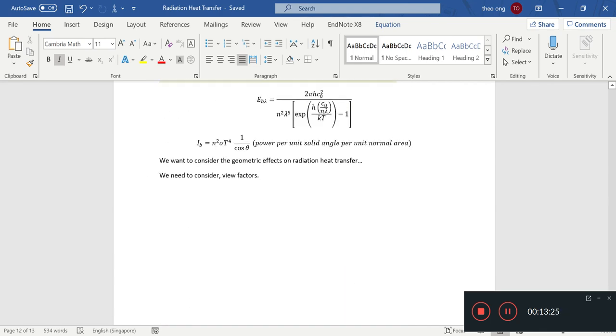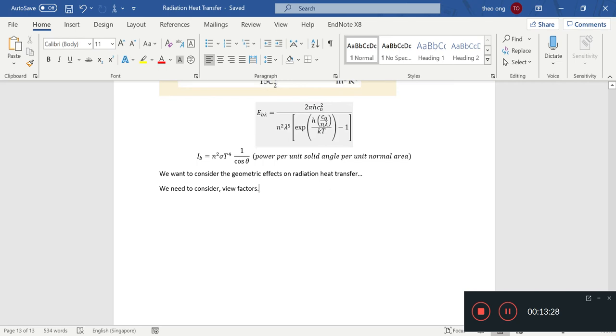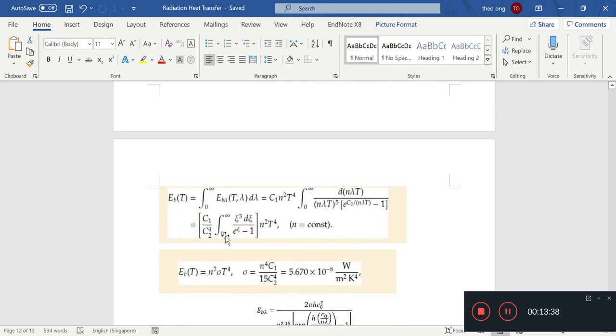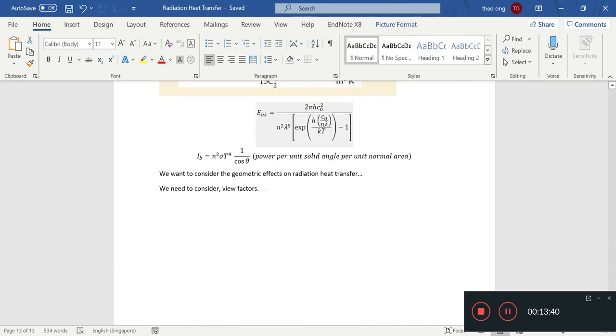If we consider directional dependence, at least the shape of the surfaces in this case, we have to consider view factors, and we'll go more in depth in the next video.